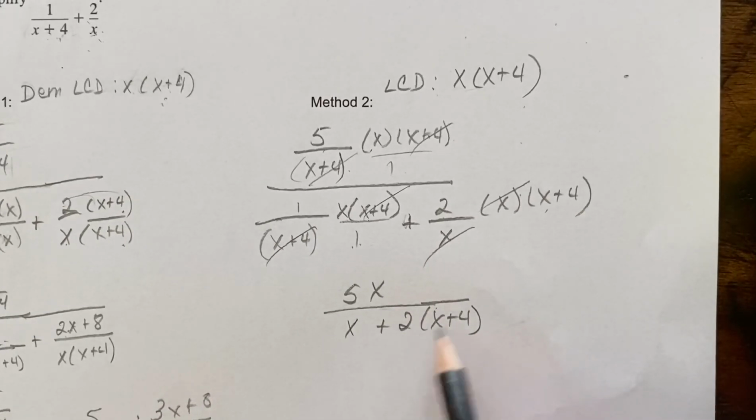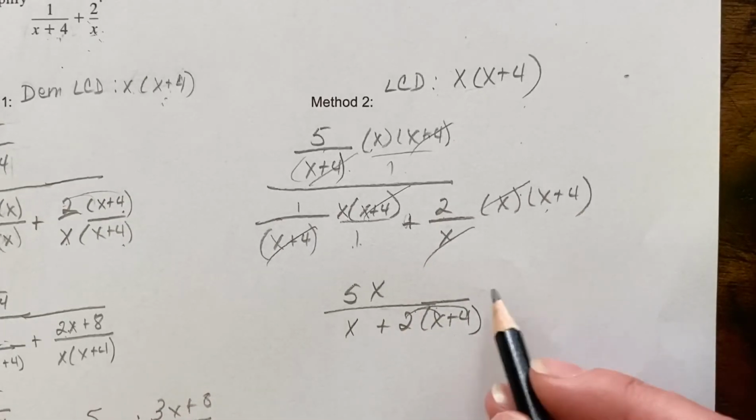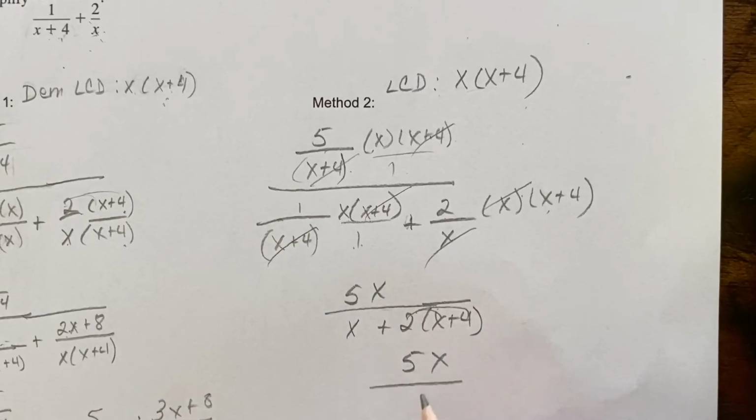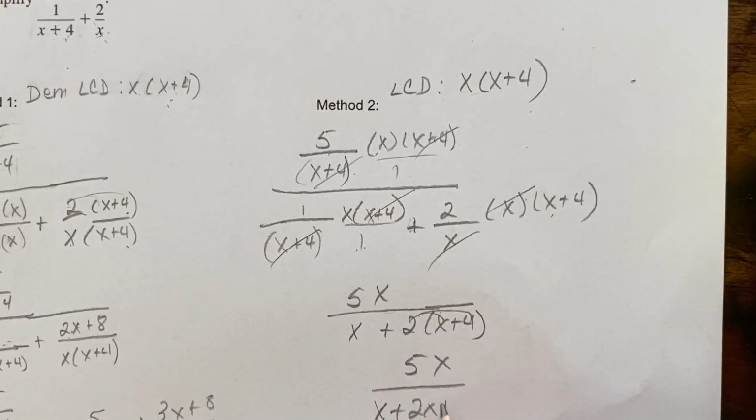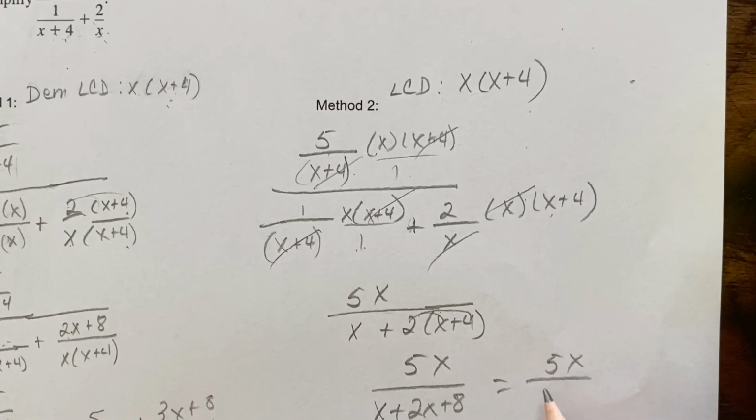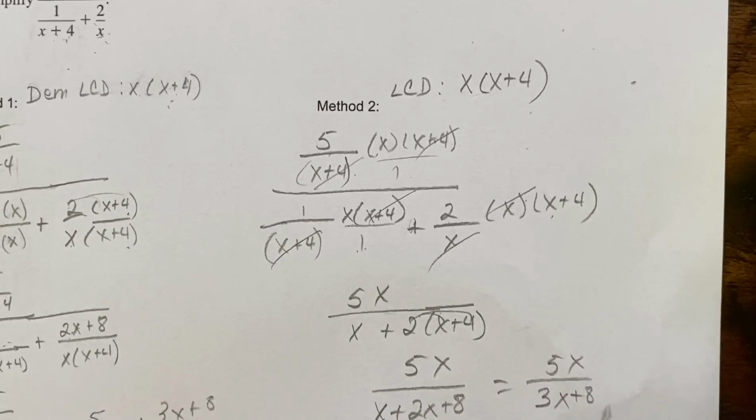So I can simplify here by distributing that. So we get our 5x over x plus 2x plus 8. 5x over 3x plus 8. And you see they match.